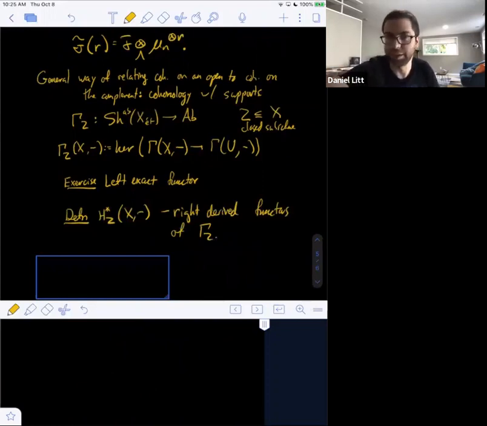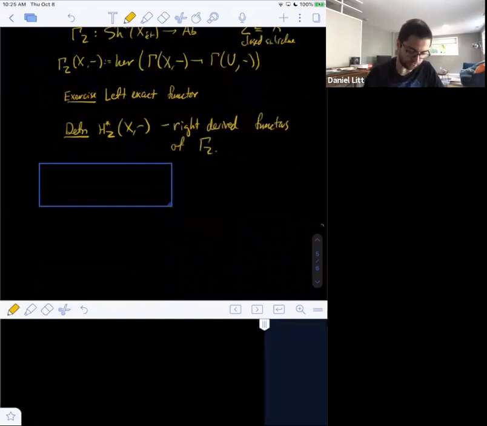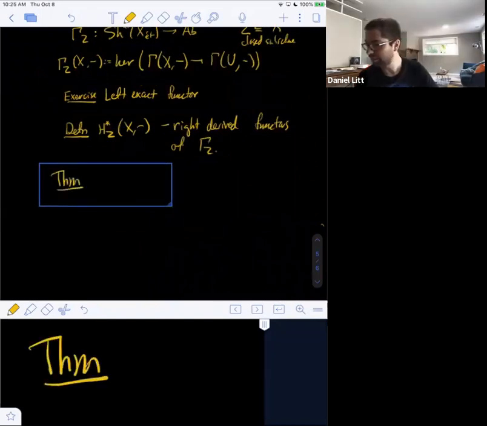Hopefully it'll be motivated in a second, but I claim that this is the canonical thing that relates the cohomology of an open U to the cohomology of its complement. Here's the main theorem that I think motivates this definition.